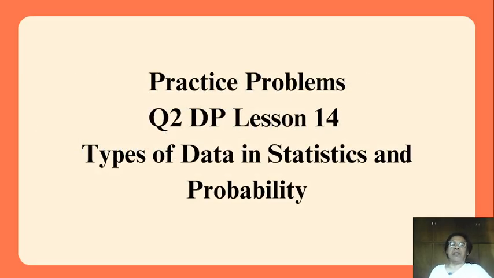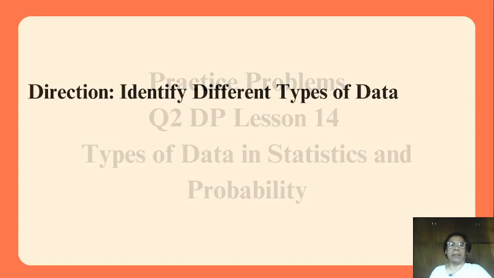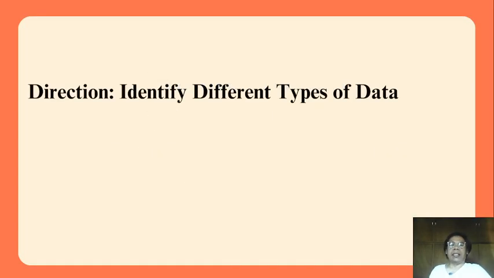Practice problems for quarter 2, data and probability, lesson number 14, types of data in statistics and probability. This is the direction. Identify different types of data.